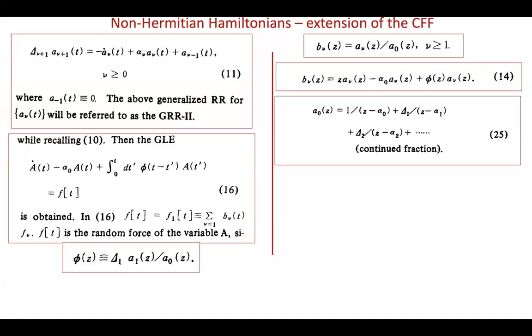So what is the surprise? The surprise here is that if you recall, I told you that the memory function is actually tied to the a's, small a's, and the small a's have temperature dependence in general. Right? Because we cast the problem in a canonical ensemble. Small a's have temperature dependence.